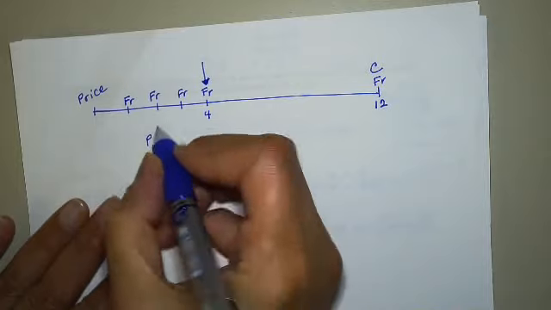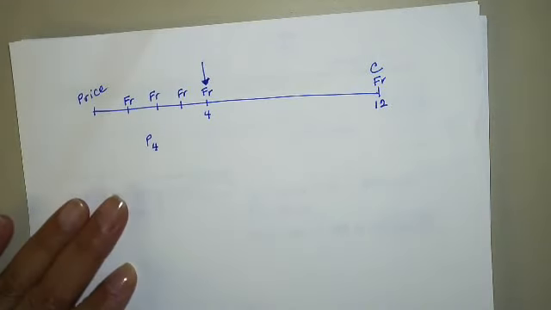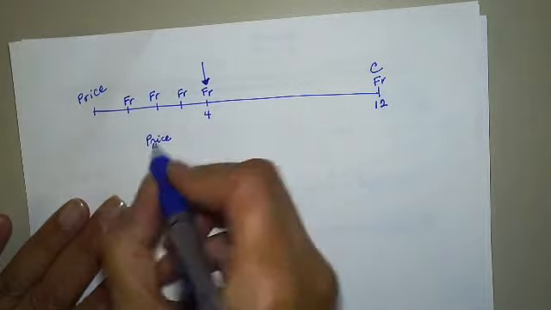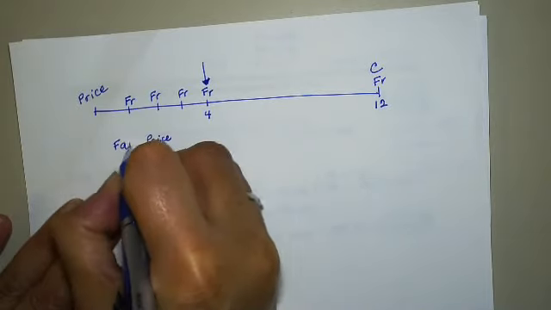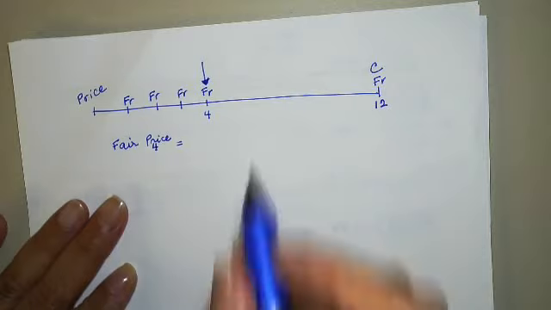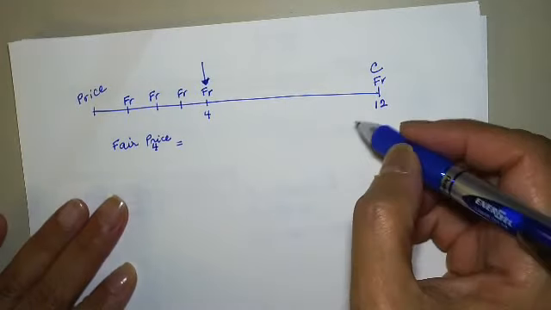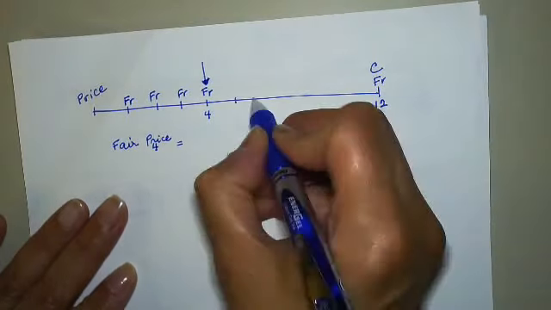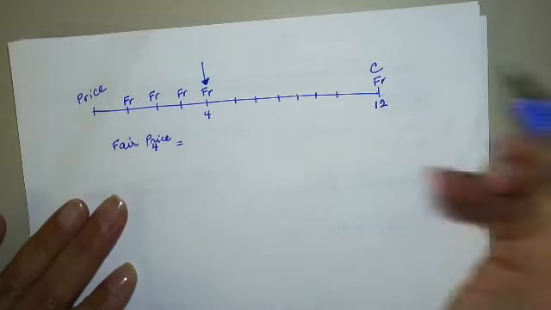So can you give me this price at time 4? I have to make this clear because that's not principal at 4. So price at time 4, fair price at time 4 equals what? Give me an expression. You're almost there.